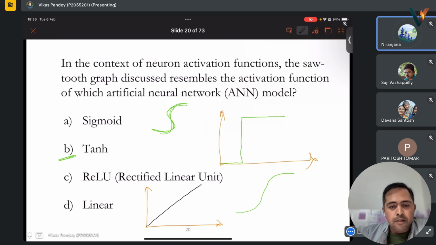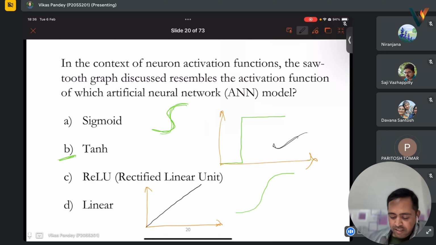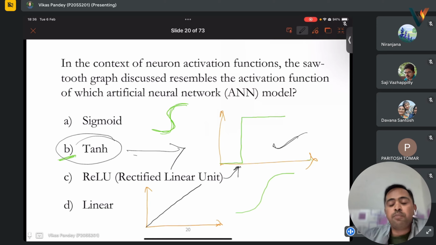So which one is the best one that resembles this? Which one is for the rectified linear unit? The rectified linear unit is actually this one. Tan H will also resemble it, but not perfectly. It is somewhat similar, since there is a gradient.